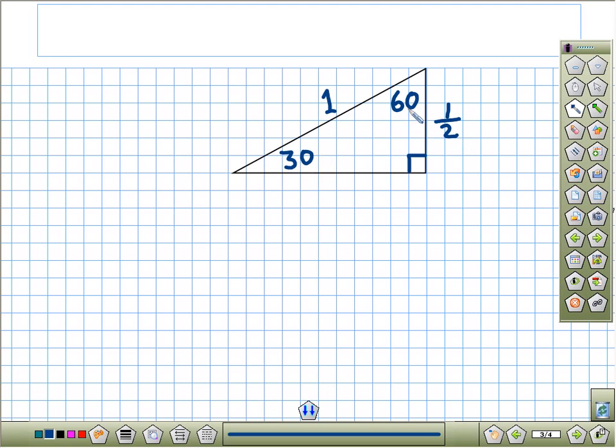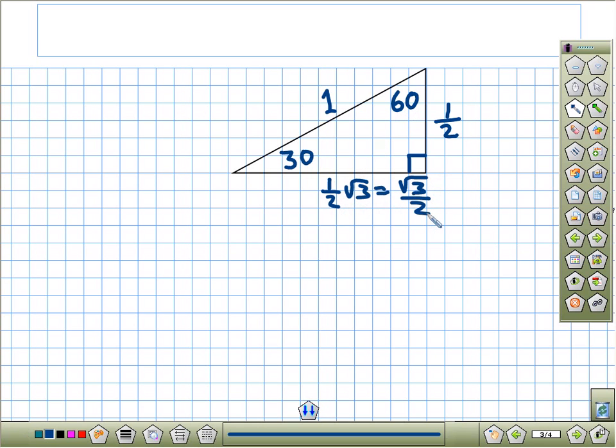Well, we know that the side opposite the 60 is going to be bigger. Well, what is the side opposite the 60? It's 1/2 the hypotenuse times the square root of 3. In other words, it's a little bigger. Or you could just write the square root of 3 over 2.